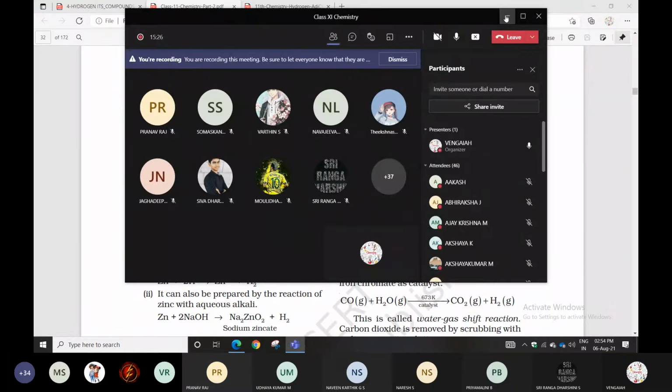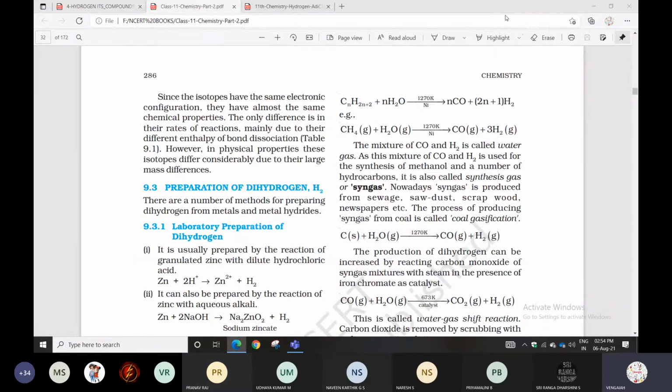Listen. Metal plus acid forms salt plus hydrogen gas. It can also be prepared by the reaction of zinc with aqueous alkali. Nothing but metal plus base, you can get salt plus hydrogen.